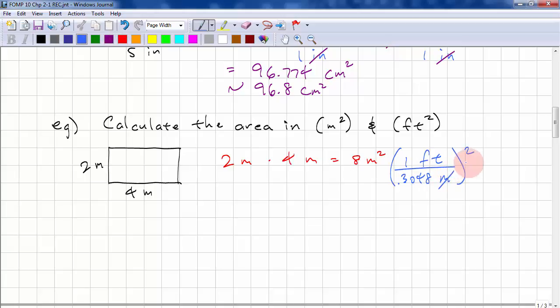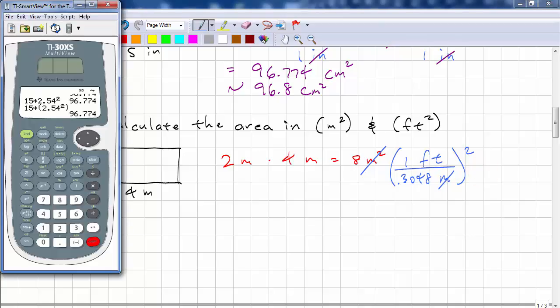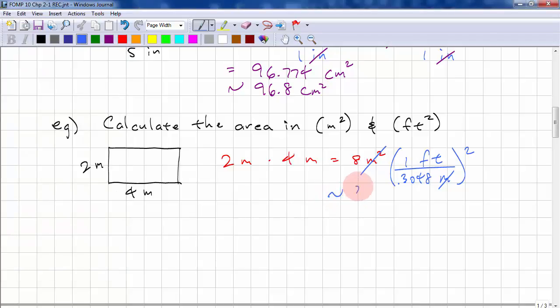Again, this meter cancels out with this meter squared because we have to square the meters. On the calculator, we do 8 divided by, and if you don't have a BEDMAS calculator, you need to put bracket 0.3048 squared and then close the bracket, and you'll get your answer. And that's approximately 86.1 square feet.